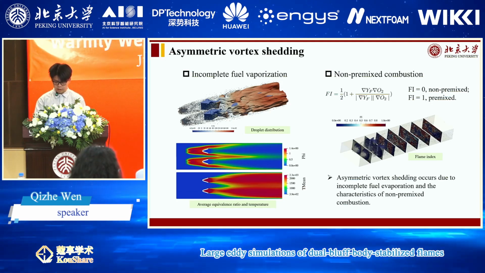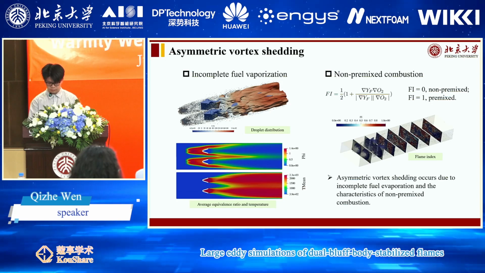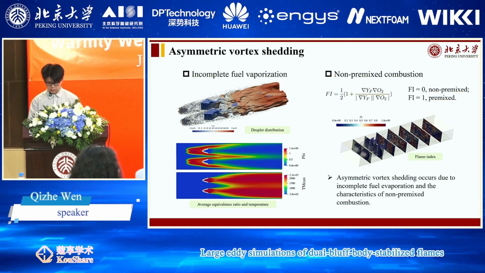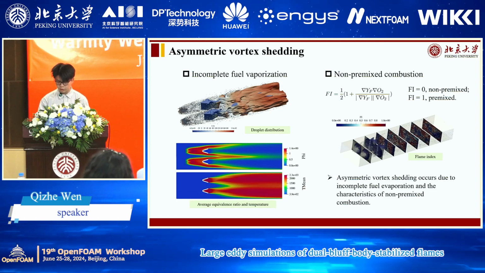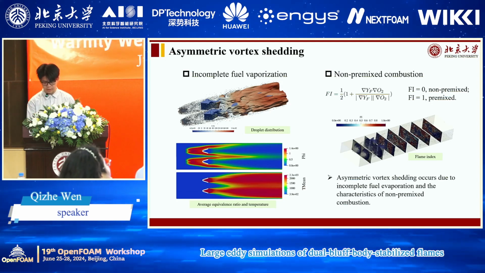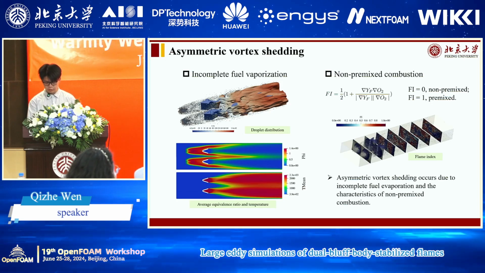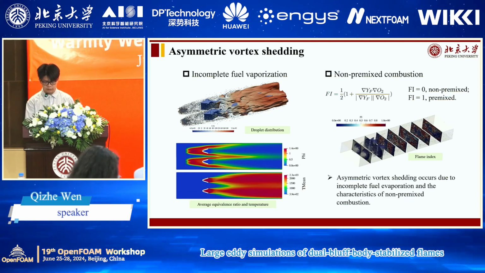Firstly, incomplete evaporation of droplets makes a small amount of droplets penetrate downstream of the bluff body, so that the heat release rate in the recirculation zone is reduced.